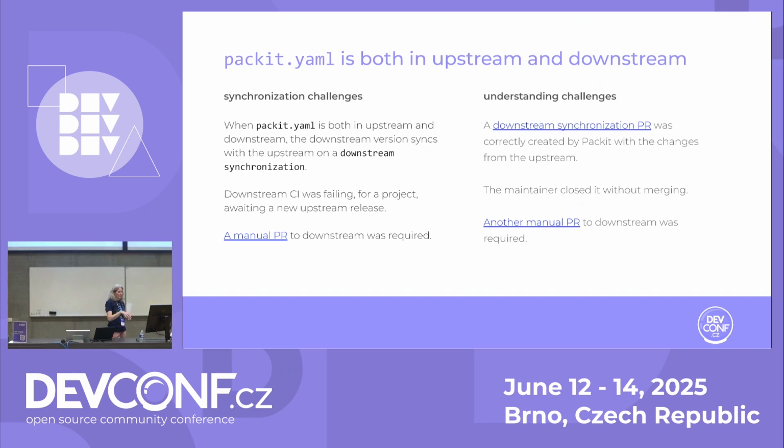So one of the issues we had was that the Packit config was changed for the upstream of this project, but not for the downstream, because in a month it's not so usual that you have a project release. So we missed that for this project, and we had to create a manual pull request in the downstream.